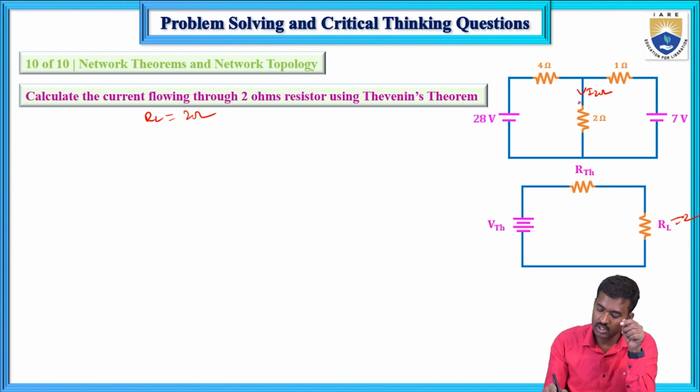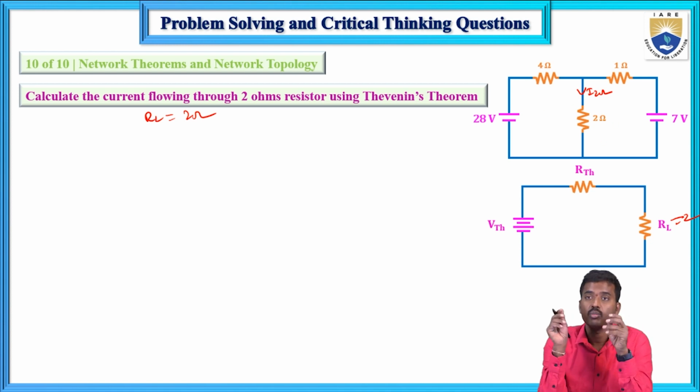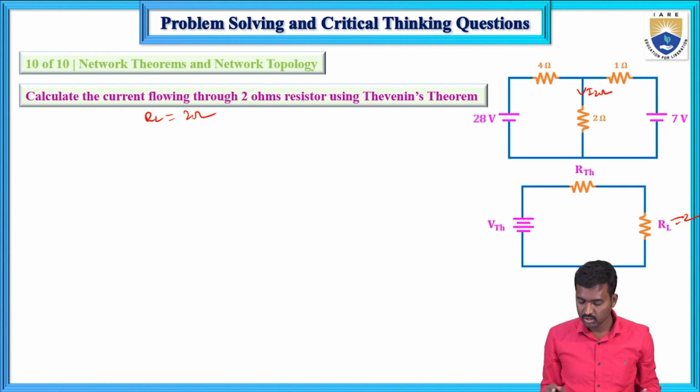From mesh analysis also we can determine I1 and I2; I1 minus I2 is this current value. But in the question they mentioned using Thevenin's theorem only. So for that case, first remove the load resistance and convert that circuit into the single equivalent circuit. Now to determine this VTH and RTH, the steps are the same.